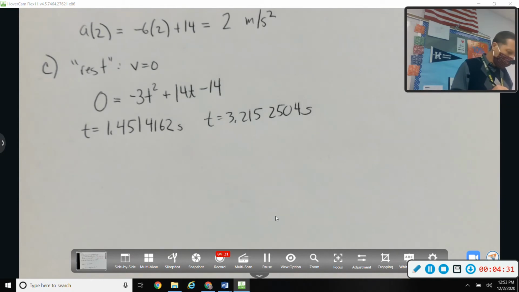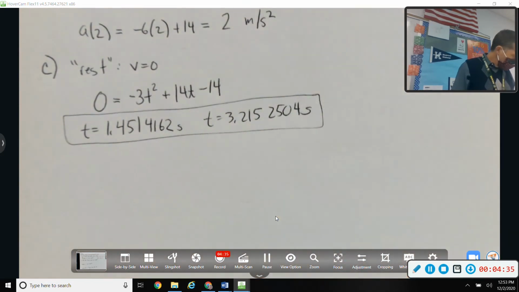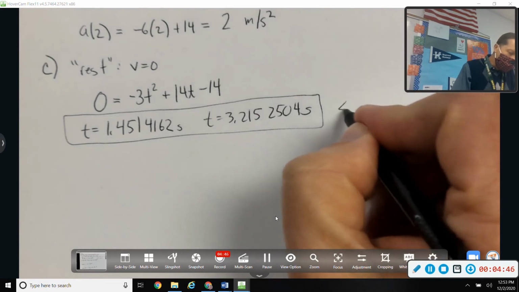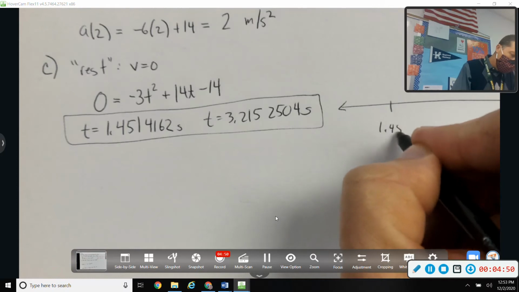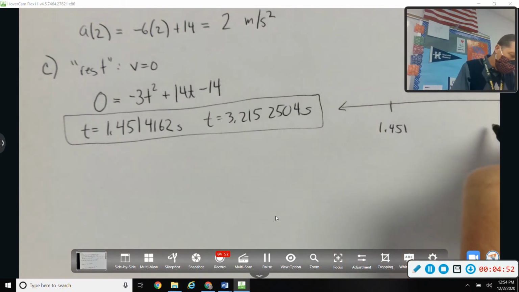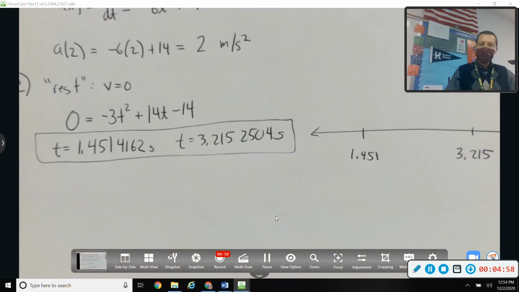Part C. Okay, that's when the particle is at rest. When is it moving to the right, to the left? Justify your answers. Well, that would be where v is greater than 0 or v is less than 0. So I'm going to do a number line with 1.451 and 3.215 on it.